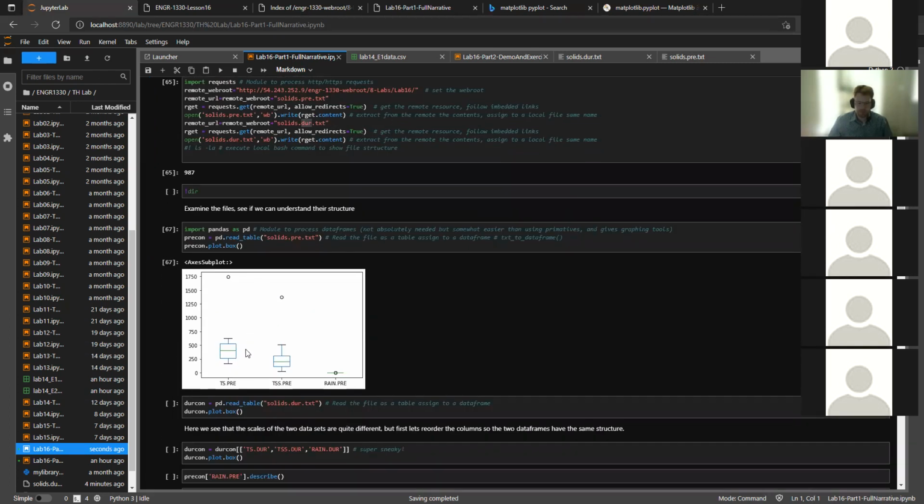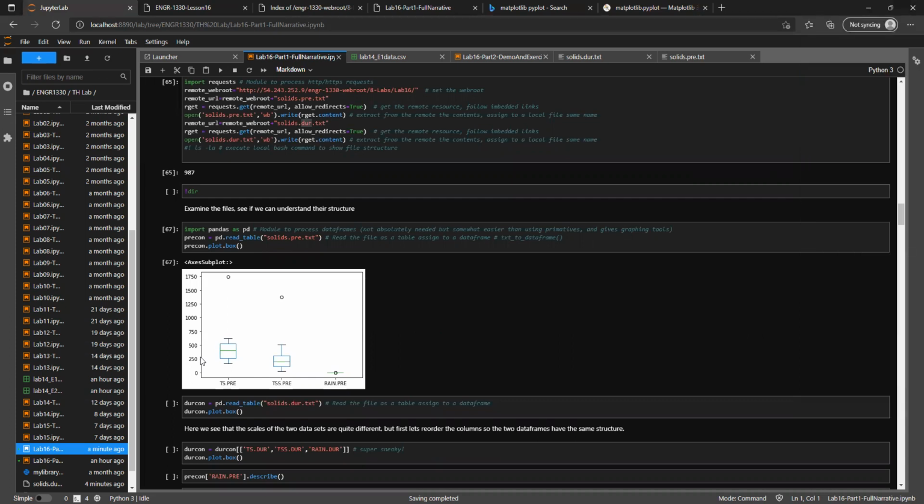All right. So the total solids, we can see an outlier here, another outlier here. And we can see our quartiles and all this stuff we talked about with the box plot last time. So we see a range. I'm not sure the actual units. Could be parts per million. Don't know. Doesn't particularly matter. We could call them squibbles. Doesn't matter. It's a unit.